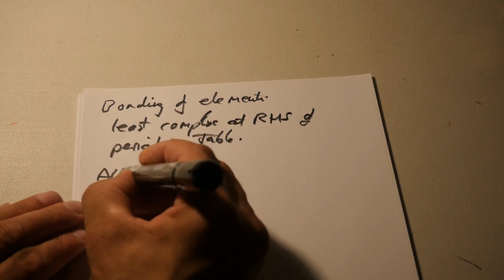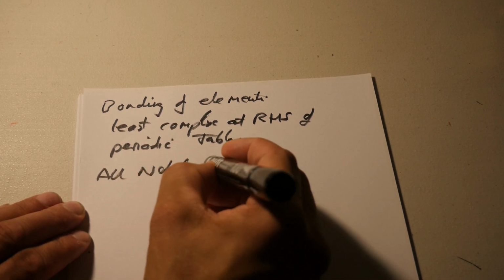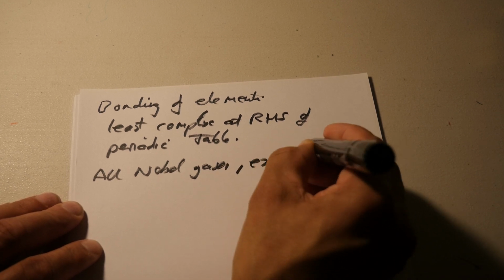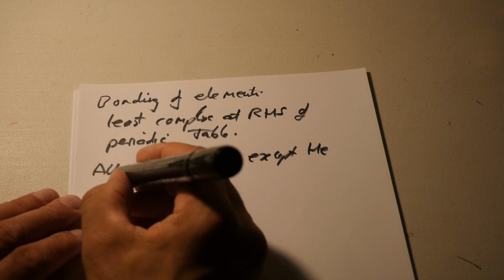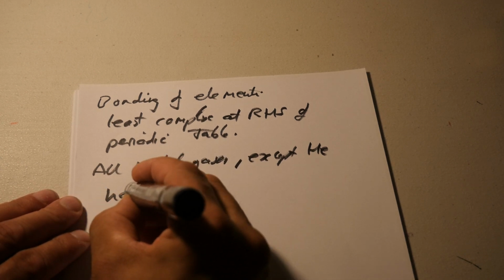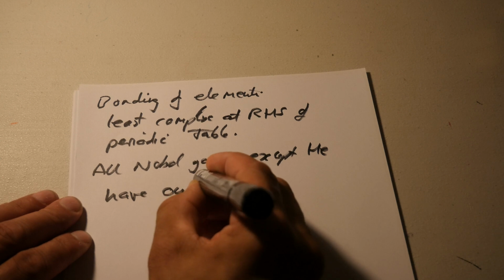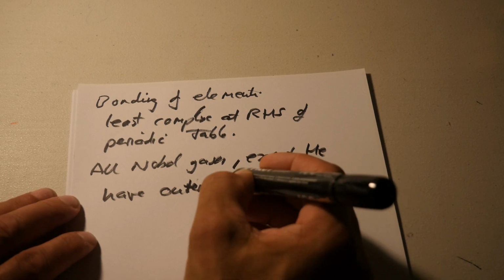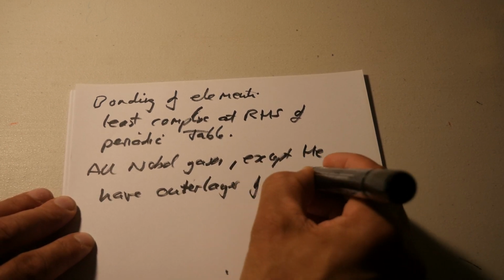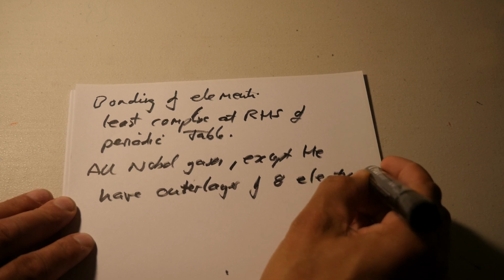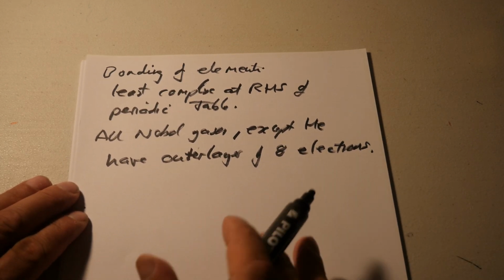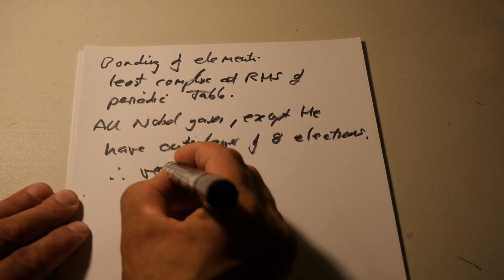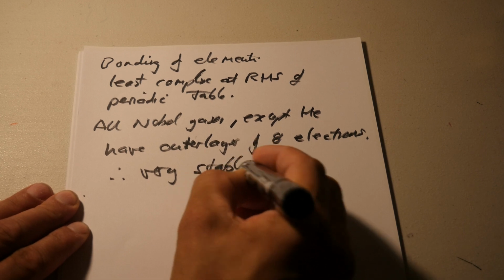All noble gases except helium have an outer layer of 8 electrons. So they all have 8 electrons in the outer shell, which means they are very stable and unreactive.